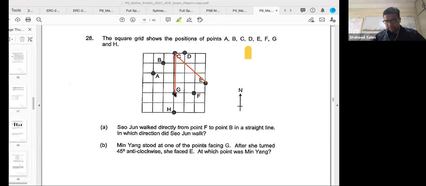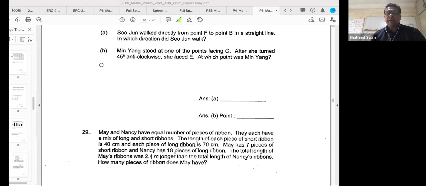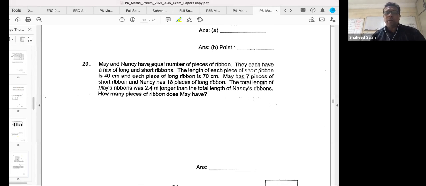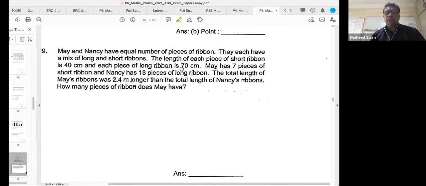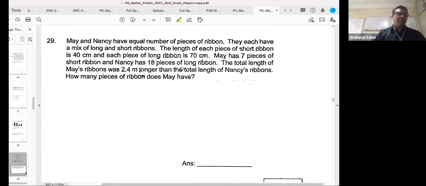Face G, then turn and face E. So this one you can take your time, turn your paper around, try, and test whether it works or not. Wow, this one looks difficult, but I don't think it's difficult. You can do this.